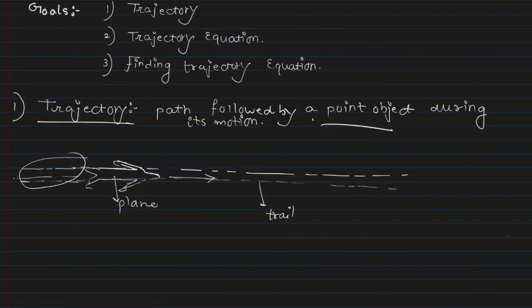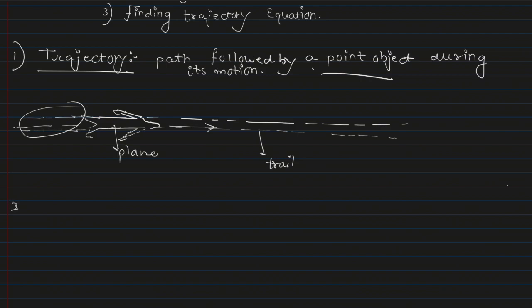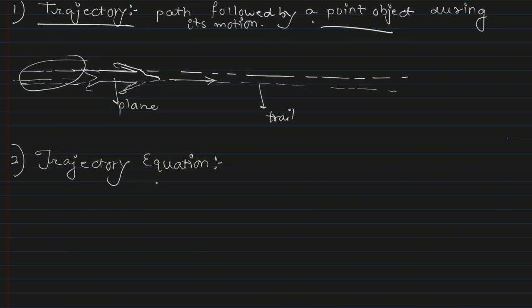So now we'll look at what trajectory equation is. When it comes to an equation, we need to understand in which coordinates we're going to write the equation.